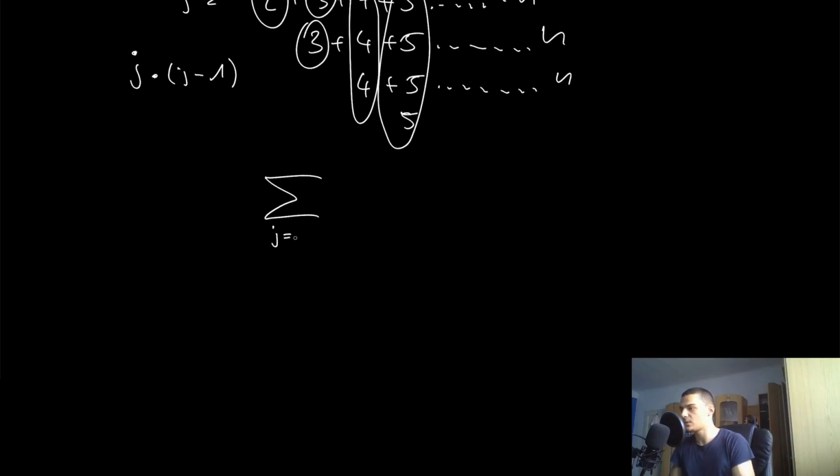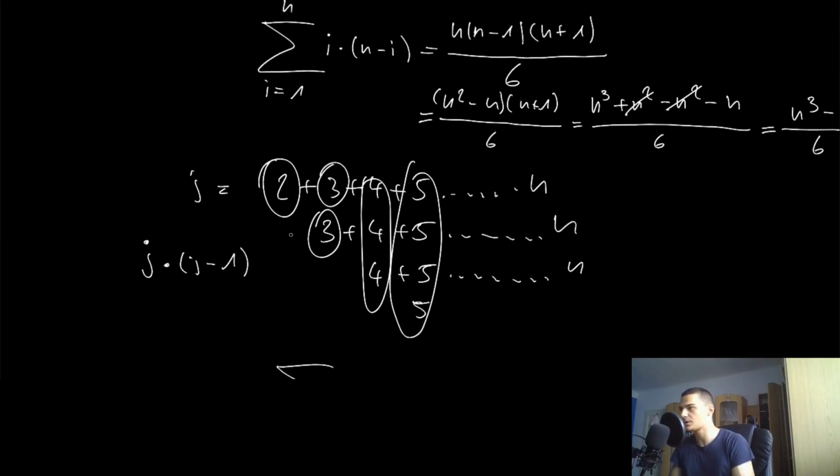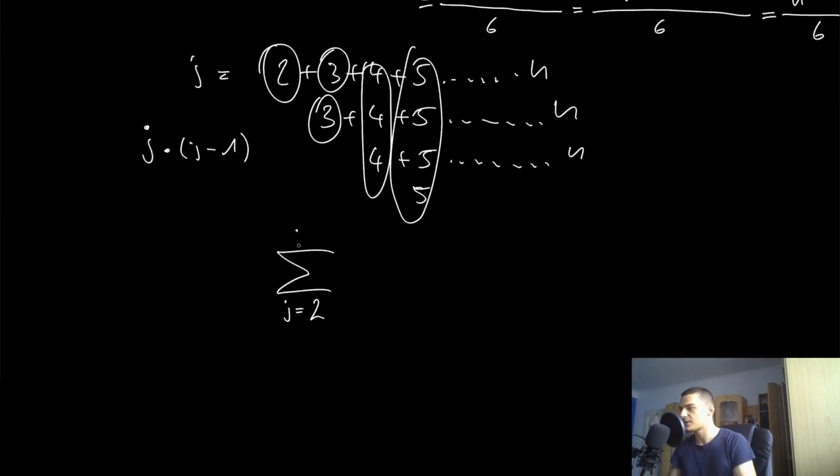Now the question is, do we start at 1 or 2? Yes, of course we start at 2. Or actually, we could also start at 1, it doesn't matter, because you would end up with 1 minus 1, which is 0, so it's actually the same sum. So j equals 2 up until n, and the expression here is j times j minus 1.